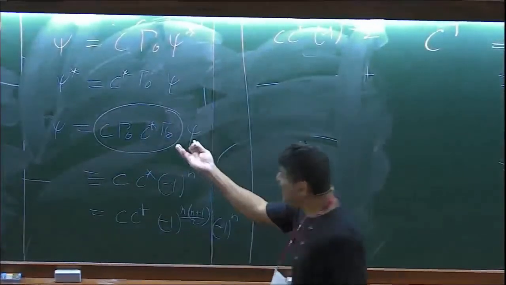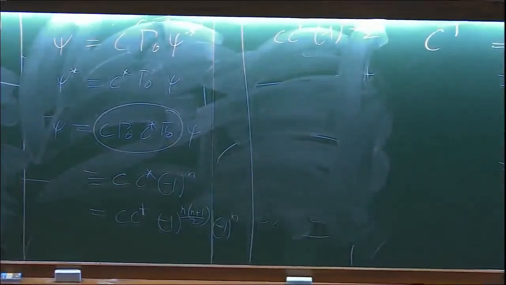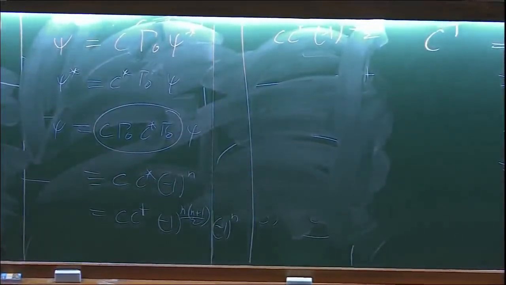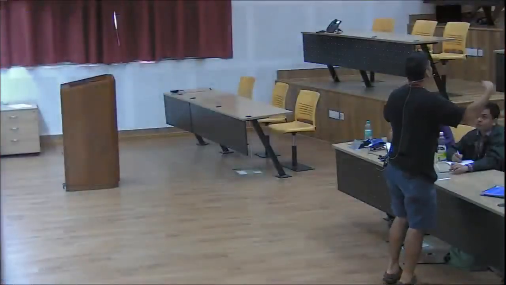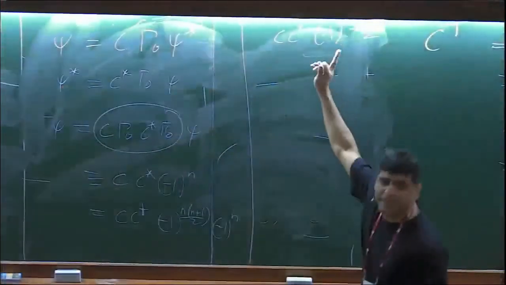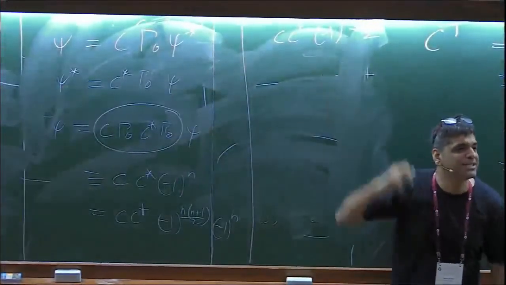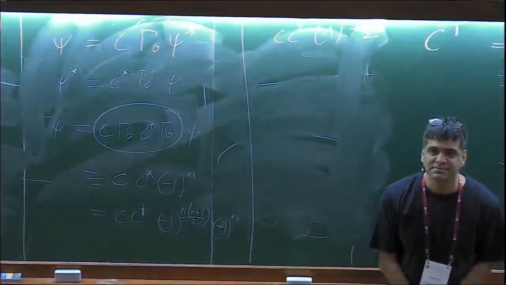Is this clear? So, whether real spinor rather than pseudo-real spinor representations exist in SO 2n minus 1 comma 1 or SO 2n comma 1 is determined by whether this number is plus 1 or minus 1. Is this clear?